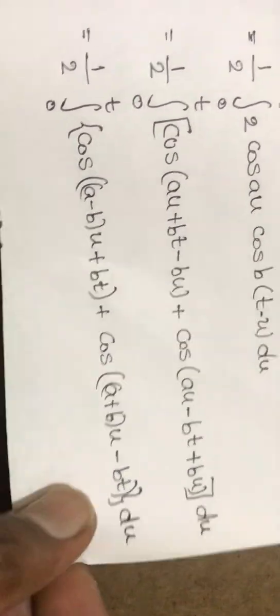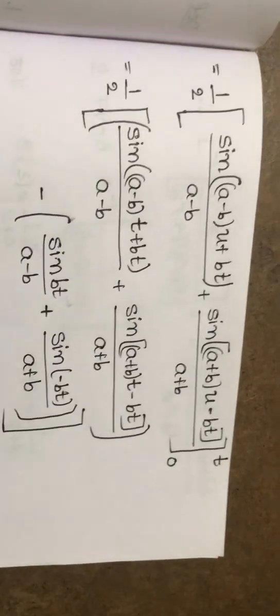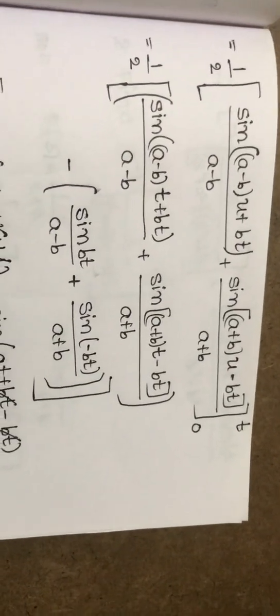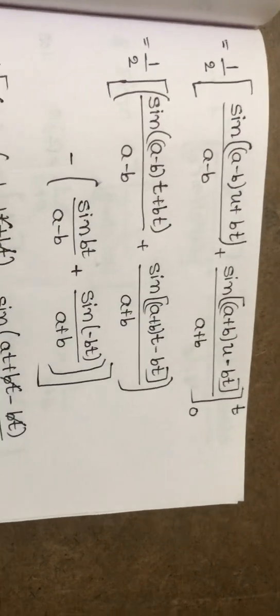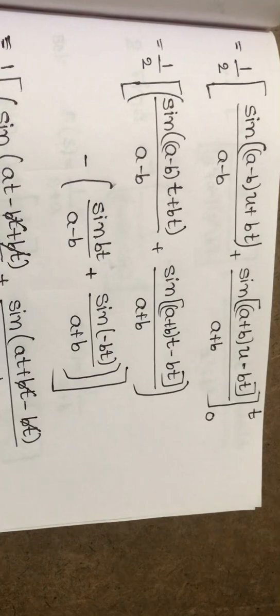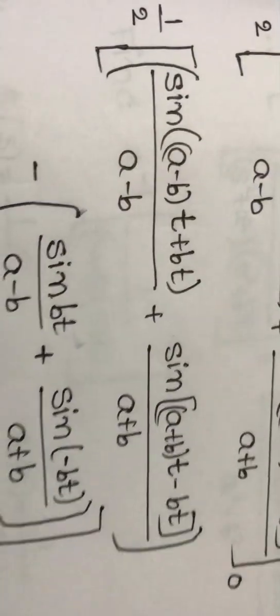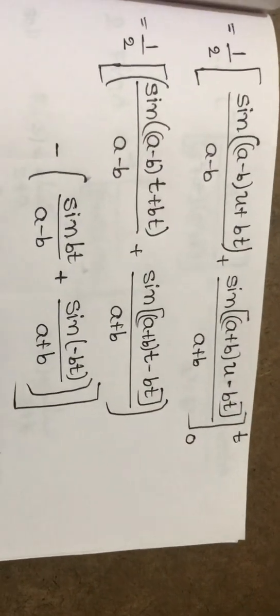After solving all this, we get this, and the integration of cos is sine. Substituting all the values, we get this step. Substituting the upper limit t in this step, and later substituting 0 in the second step, we get these values.